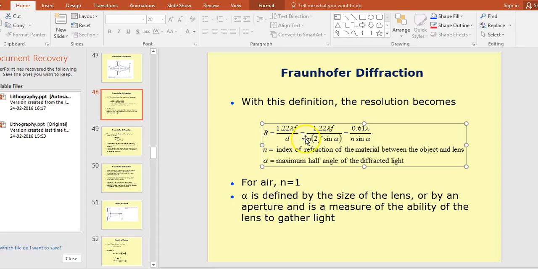And this is related to n sin alpha, where n is the refractive index of the material between the object and the lens, and alpha is the half angle of the diffracted light. For air we take n equal to 1, and if we can increase this n, we can have a smaller resolution, a better resolution.